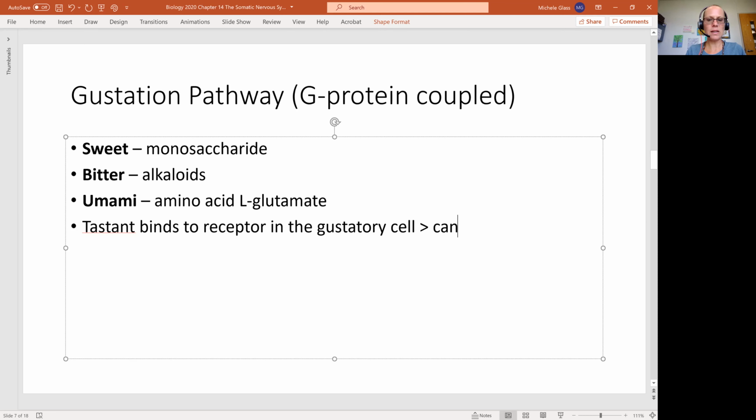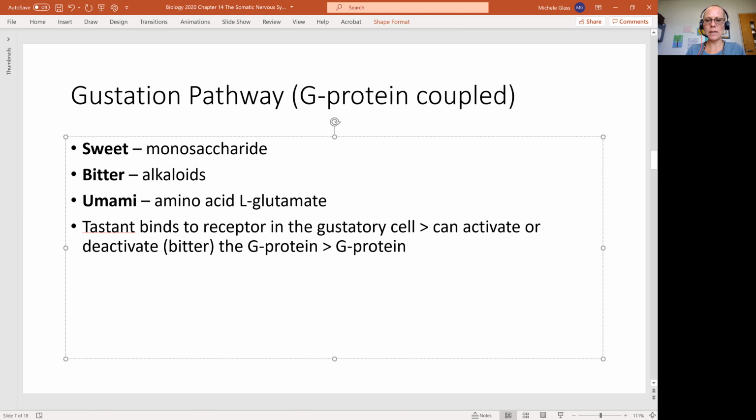And we'll see that this can either activate or deactivate the cell. And we see that deactivation more with bitter taste sensation than maybe with the monosaccharide or the umami. And we're not activating or deactivating the cell, but rather the G protein.